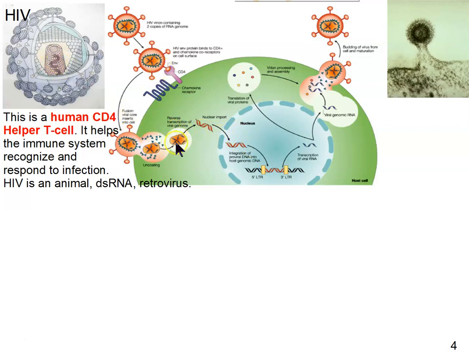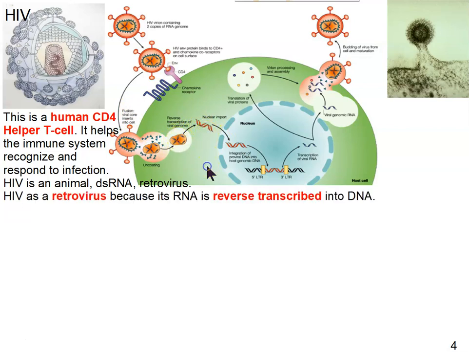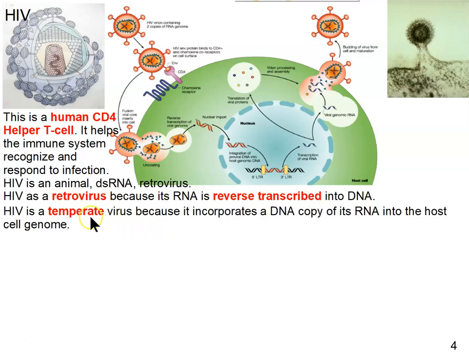Once the RNA gets into the host cell, it's going to be reverse transcribed into DNA. It's a temperate virus because that DNA, once it's reverse transcribed, is going to incorporate itself into the chromosome of that CD4 helper T cell.